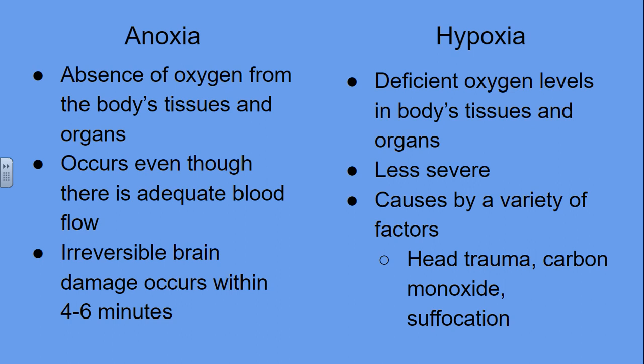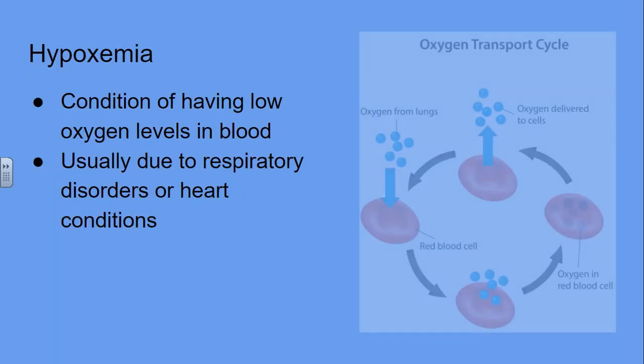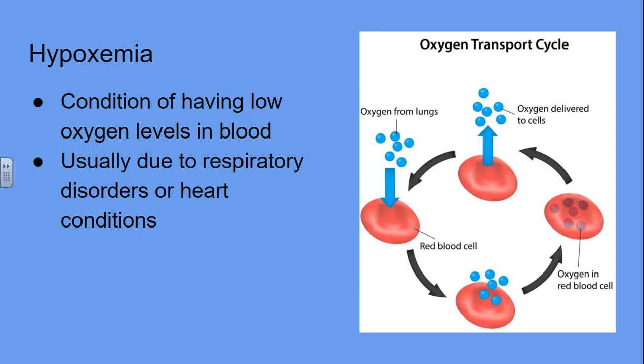Hypoxia is deficient oxygen levels in the body's tissues and organs. This is less severe, caused by a variety of factors like head trauma, carbon monoxide poisoning, or suffocation. Hypoxemia is a condition of having low oxygen levels in the blood, usually due to respiratory disorders or heart conditions.